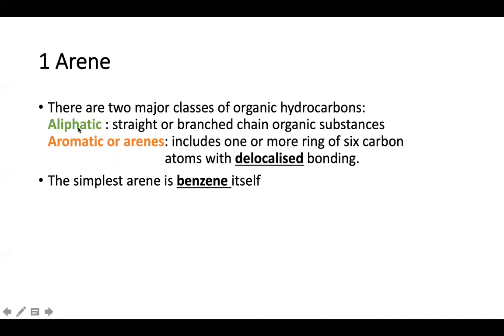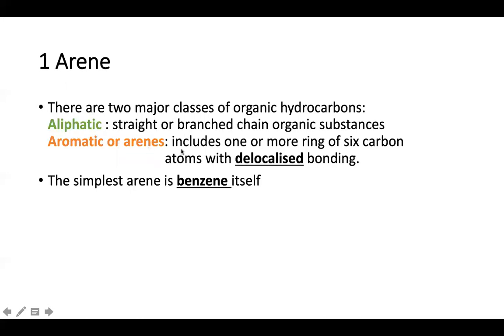So the ones that we have covered, they're called the aliphatic group. Okay, the aliphatic can be straight or branch chain organic substances, right? They can be ring, like a three-membered ring, a cyclopropane or a cyclobutane, but still they're considered aliphatic. Okay, just because it says straight or branch, the ring falls under aliphatic.